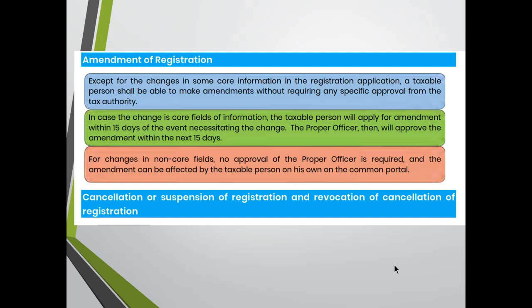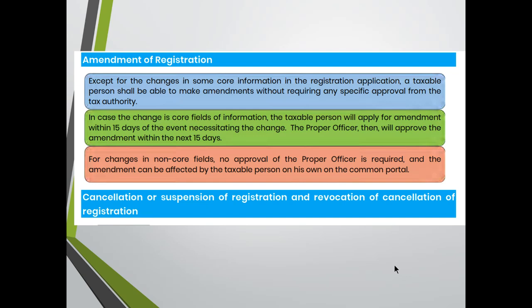So in this way, after registration, if you want to add any place of business within the state, or change the address, you would be required to give an amendment. As in the normal registration procedure, here also you would be required to give documents, documentary proofs, etc., and all those things would be verified by the department.